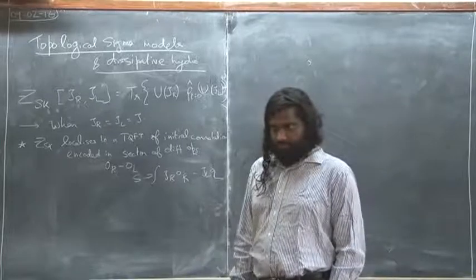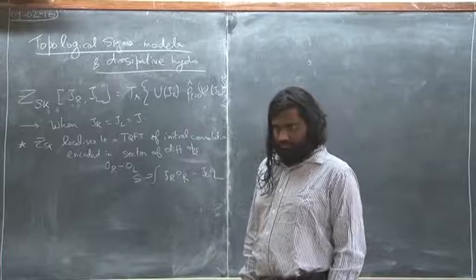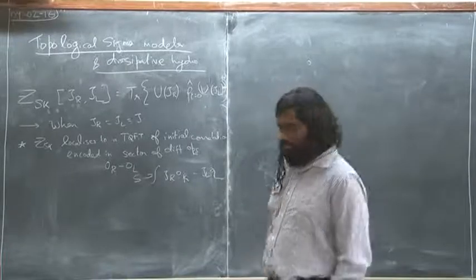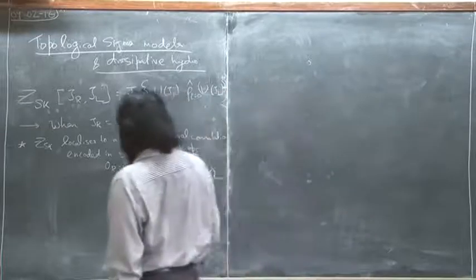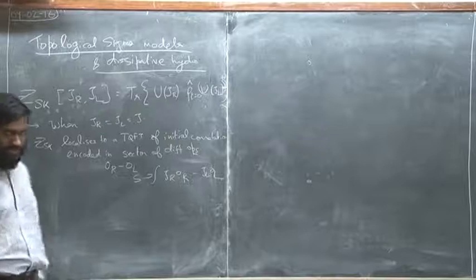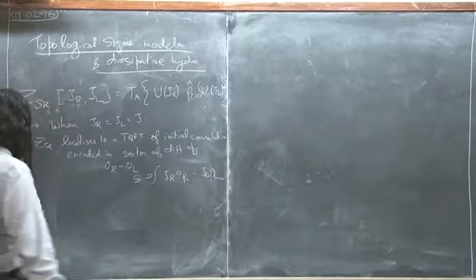O_R and O_L are evaluated on different contours. That is what distinguishes them. But as far as the path integral is concerned, they are two copies of the fields. Yeah, so good. That is the first thing that we noted.